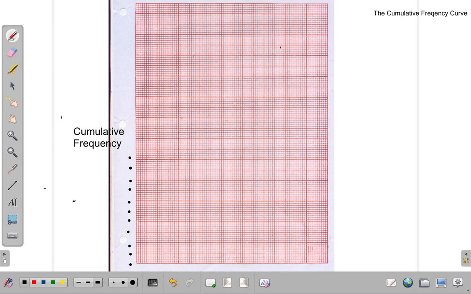Still not enough. You have a lot of the graph paper all the way up here still not used. So let's review that. Suppose we double that to 2 centimeters equal 10 units. We go 0, 10, 20, 30, 40, 50, 60, 70, 80, 90, 100. We would use up most of the graph paper, so let's do that.